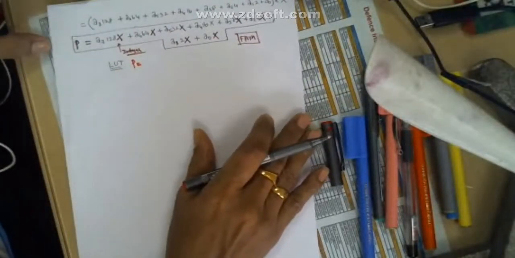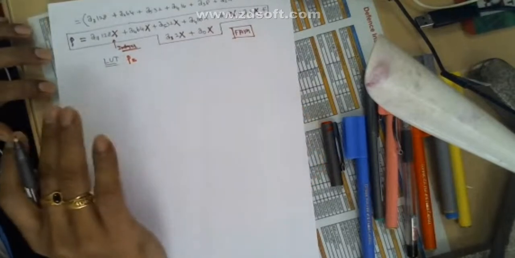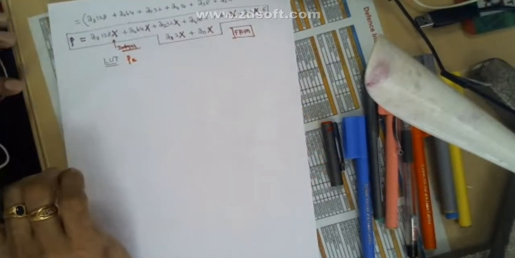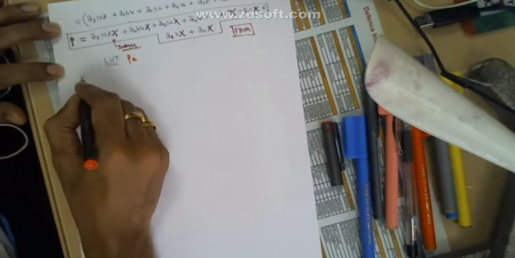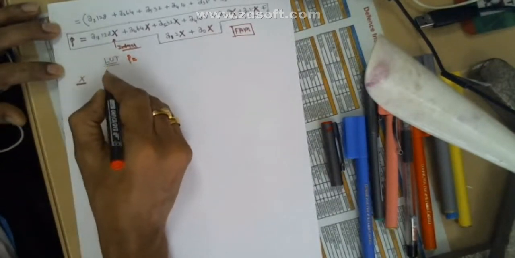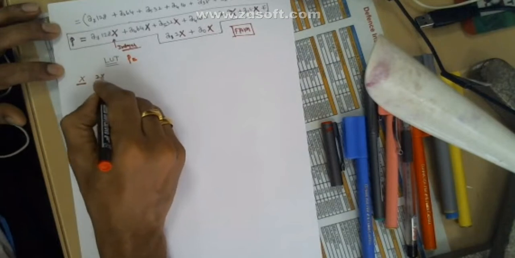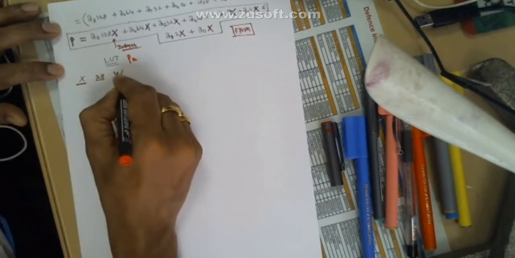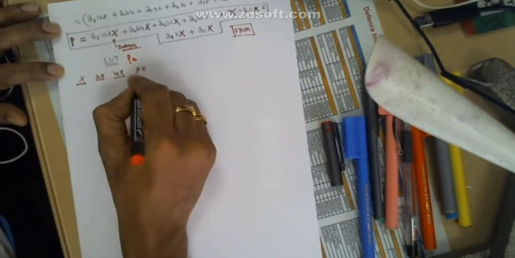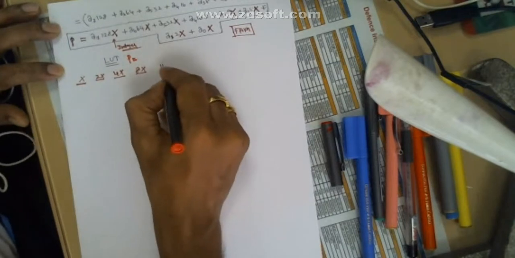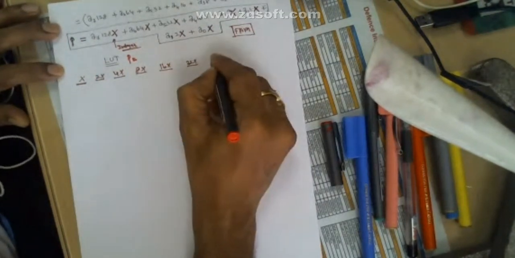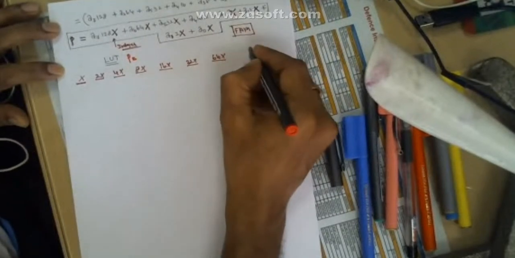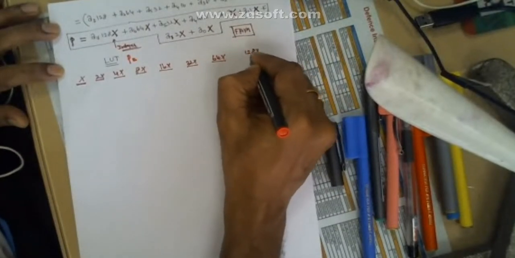Now my intention is to formulate one lookup table. In the lookup table, I am taking the X here. This is the X value, and this is the 2X value, this is the 4X value, this is the 8X value, this is 16X, this is 32X, 64X, and then 128X.